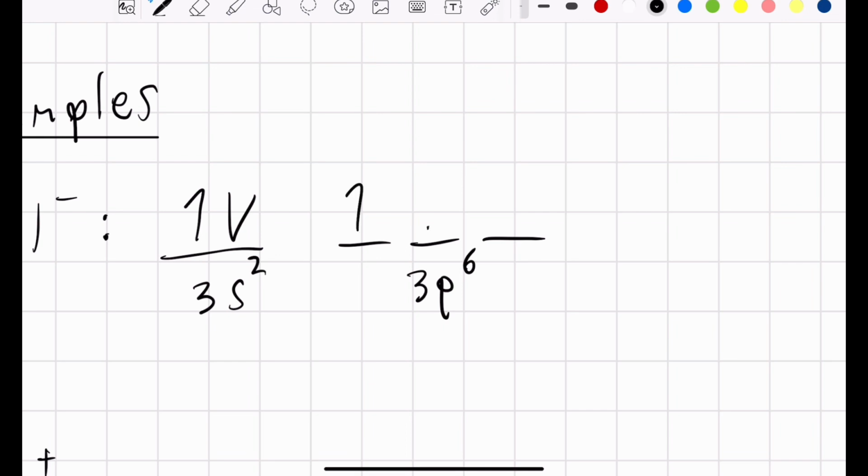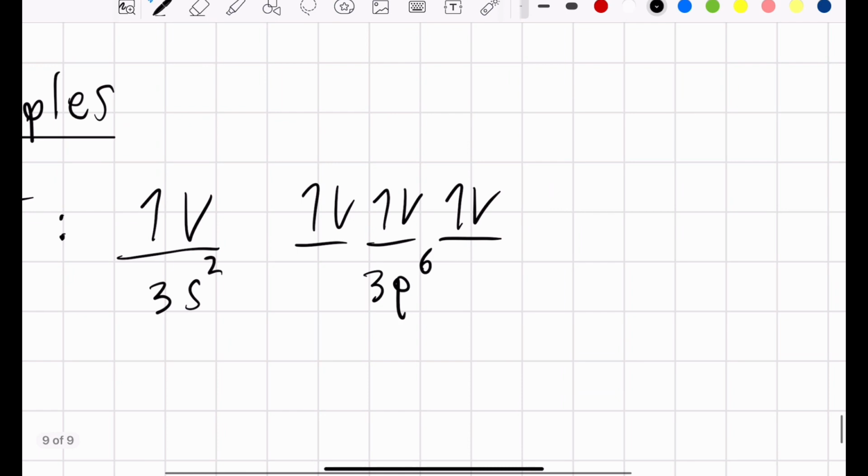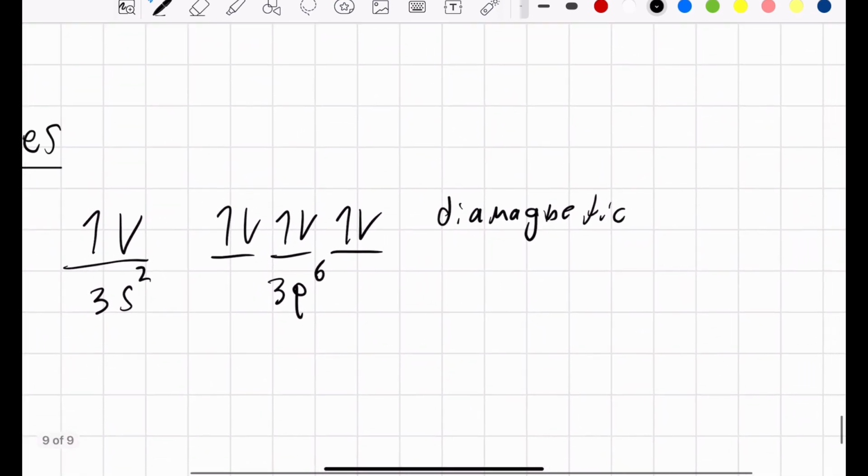We're going to singly fill these first with positive spin electrons, and then doubly with negative spin electrons. And as we can see here, every orbital has paired electrons. There are no orbitals with unpaired electrons, so this is a diamagnetic ion. So chloride is diamagnetic, meaning it's not going to stick to a magnet.